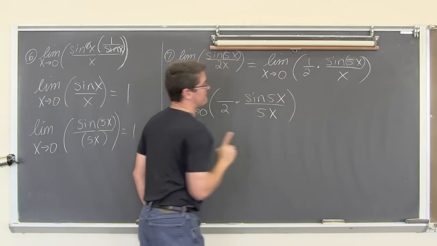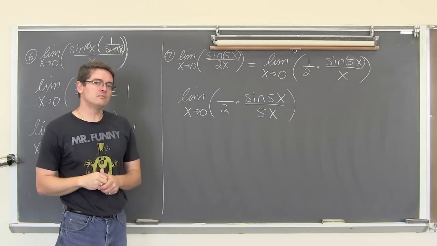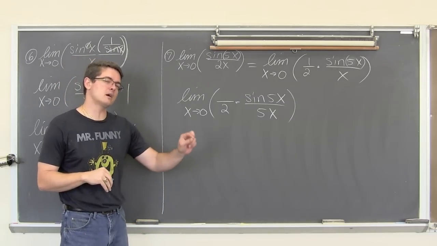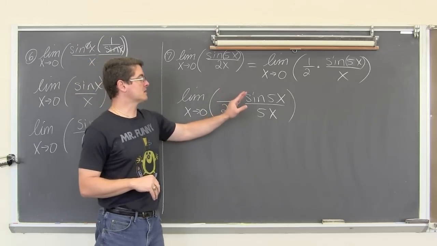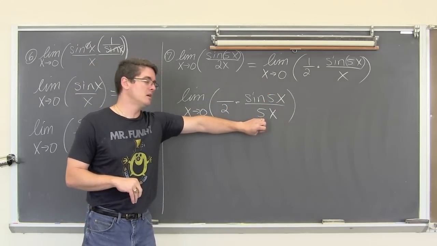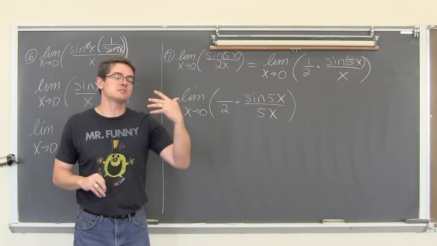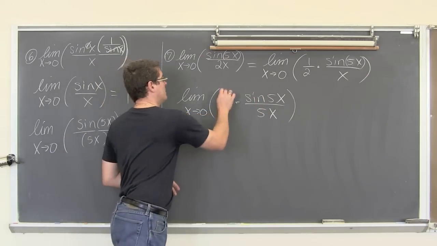If I could just get a 5x to be in the denominator, well, I took the sine of 5x over x and divided it by 5. So if I took this and divided it by 5, then I could just simply cancel that out by multiplying by 5.